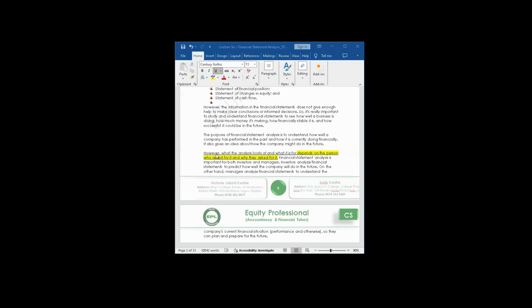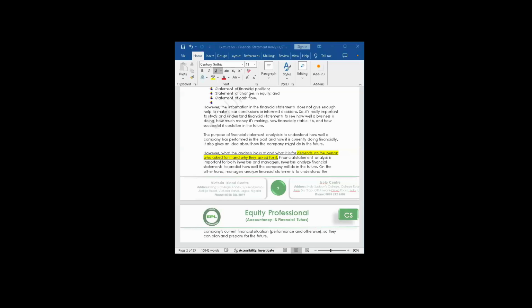So how will you know the sort of analysis that you will need to conduct? How will you know it? The only way you can know it is by understanding the interests of that person or that group.